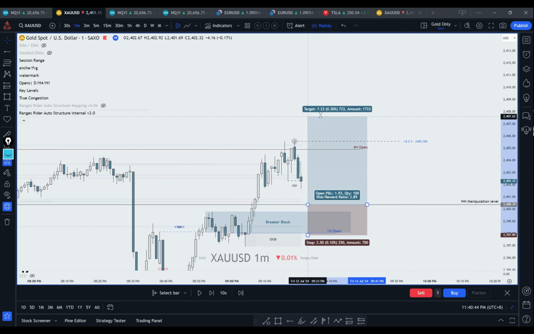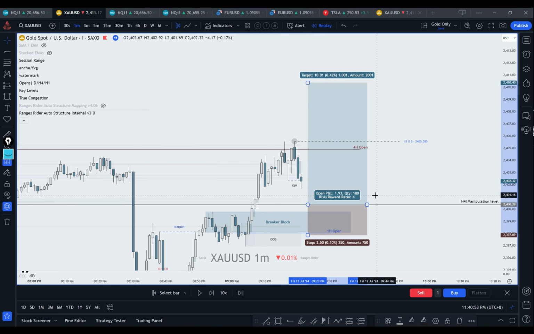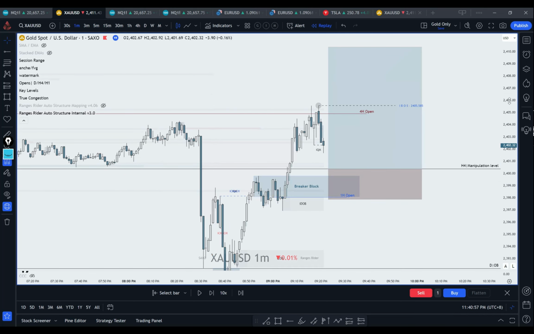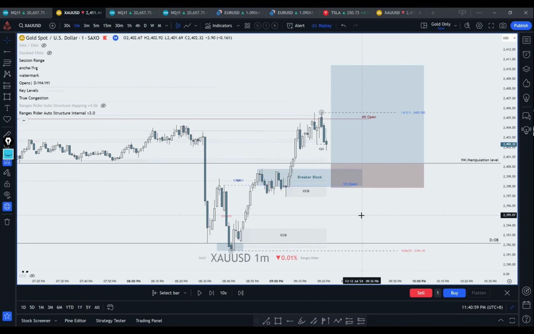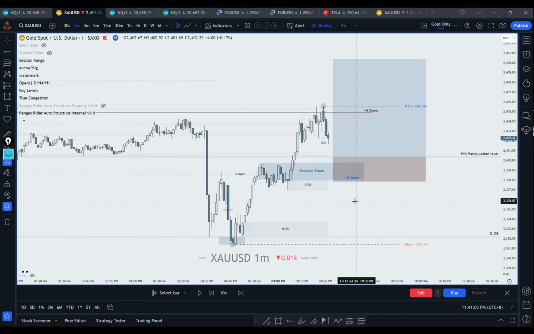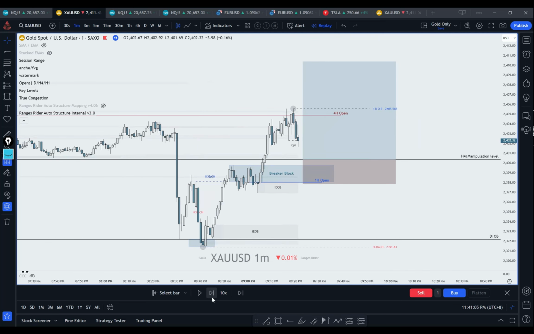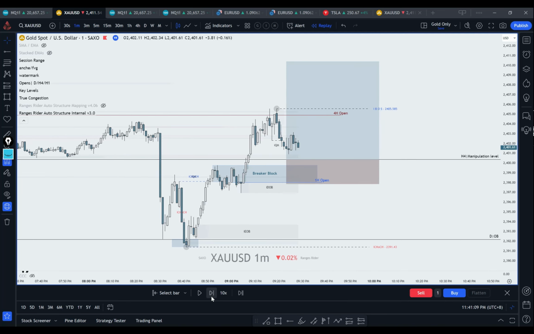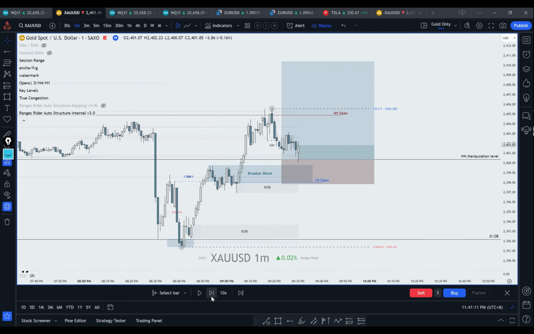A minimum 4, and then it depends on the price action after here. Now everything is very clear why we are entering into this position. This is where we should enter.